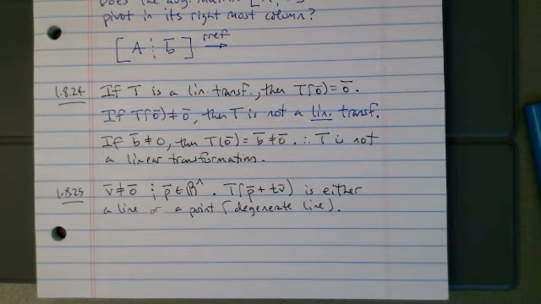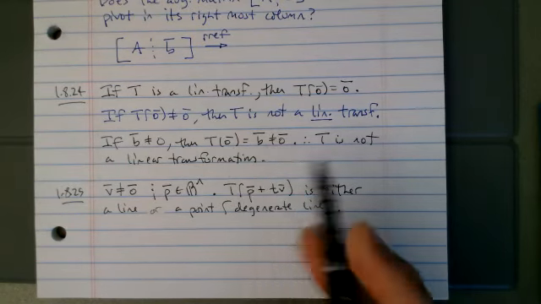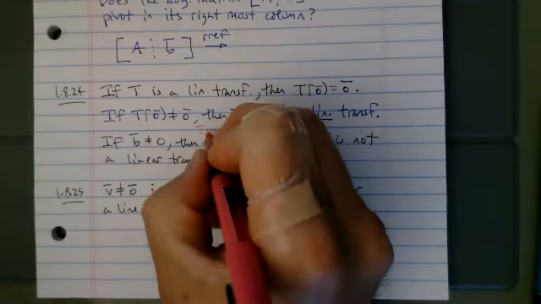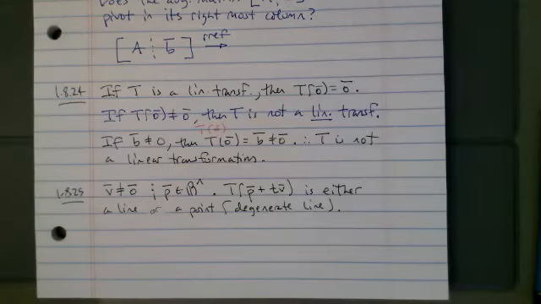So if b is not 0, the question is, how does b not equal 0 not respect the linear transformation rules? If b is not 0, then the image of 0 under the transformation, T of 0, I left out that detail, T of x in this transformation.